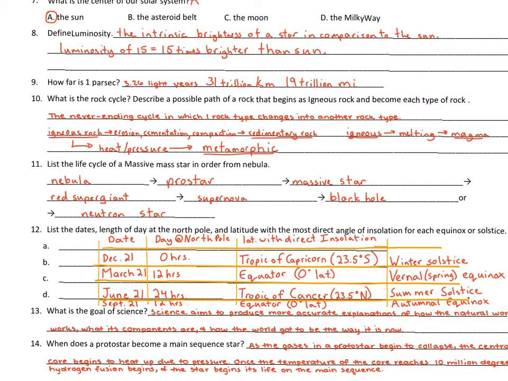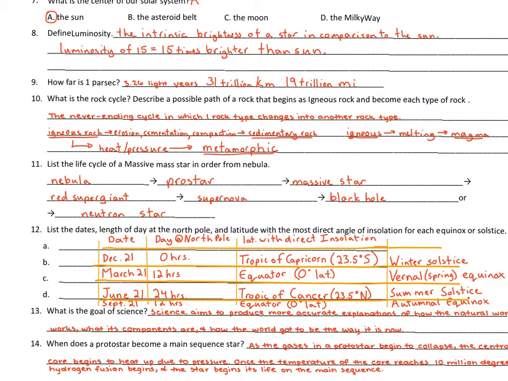Remember, that's part of the main sequence. It's going to spend the majority of life there, and then when all the hydrogen runs out in the core, it's going to start to compress, causing helium fusion. At this point, it leaves the main sequence, the whole star starts to expand, and you'll become a red supergiant. So massive star, supergiant.